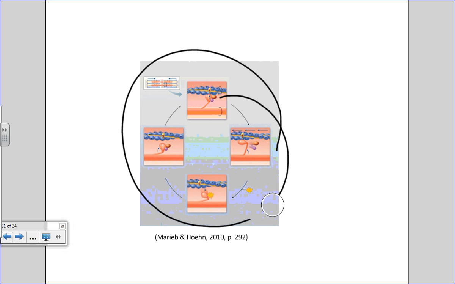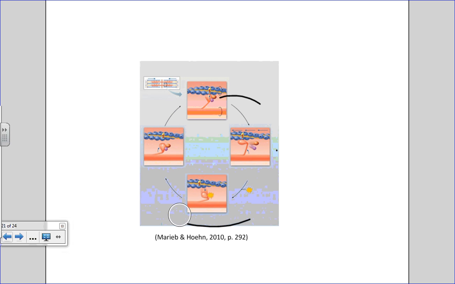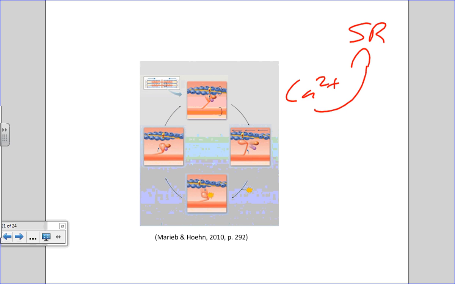I apologize about that, but relaxation is relatively simple. Basically, you take everything I just talked about and go backwards. Essentially, the major phase of relaxation is the return of calcium into the SR. There are going to be active pumps that will pump calcium out of the sarcomere back to the SR, and then you can do the math.